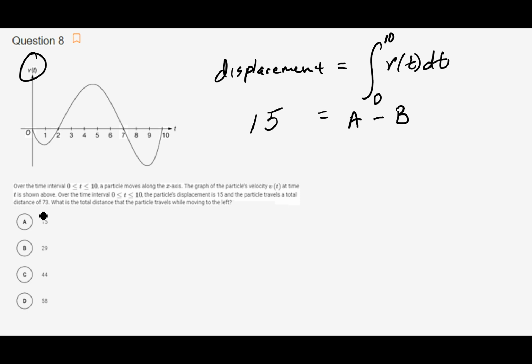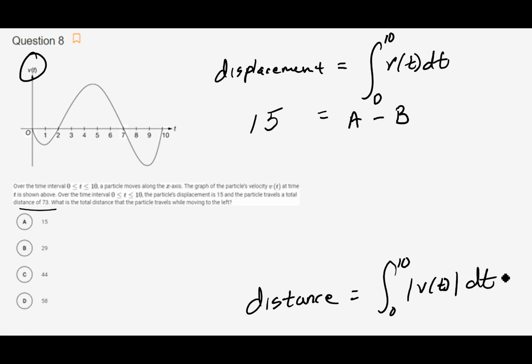And then the particle travels a total distance of 73. So distance is going to be equal to the absolute value of my velocity. And they tell us the distance is 73.